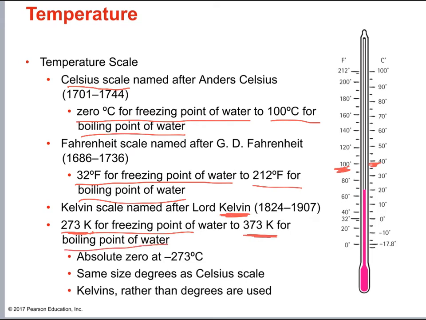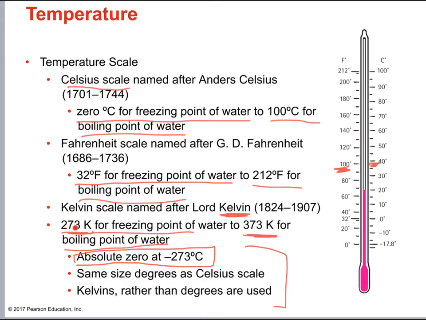Now, the reason that we have a Kelvin scale is that it is based on absolute zero. Absolute zero occurs at minus 273 degrees Celsius, and we're going to talk about what that means in a sec. But I can also note that the Kelvin degrees have the same size as the Celsius degree.